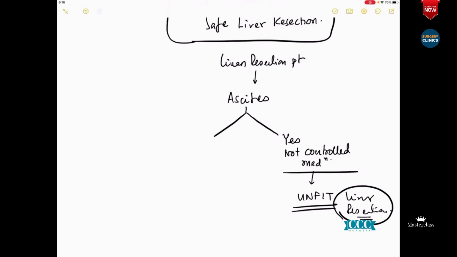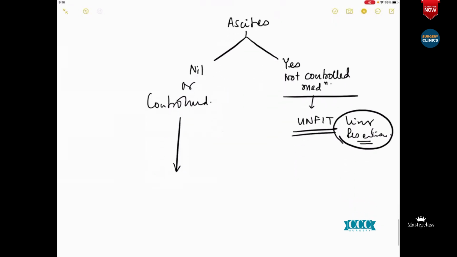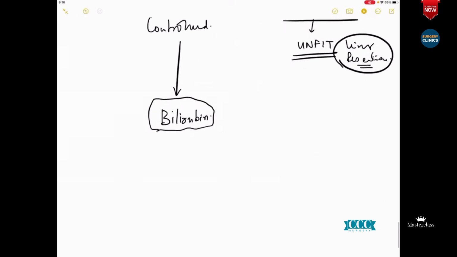However, if the ascites is nil, or if the ascites is controlled by a medication, then remember the test that we do is bilirubin. Very, very baseline test. Is bilirubin a static or a dynamic test? Static. Static, sir. Static test.